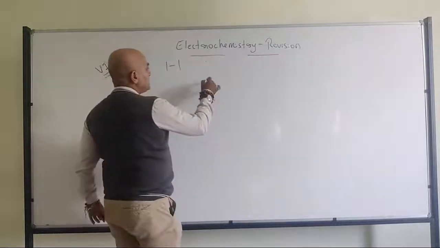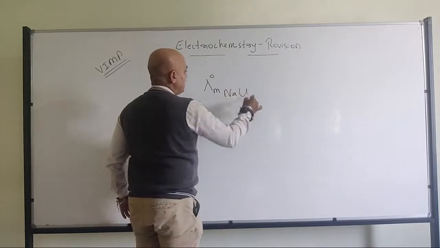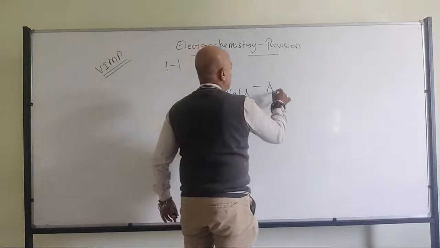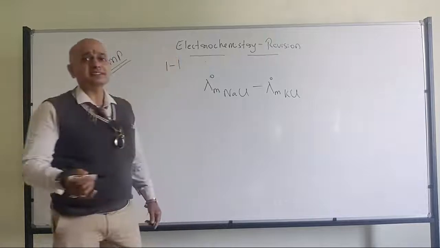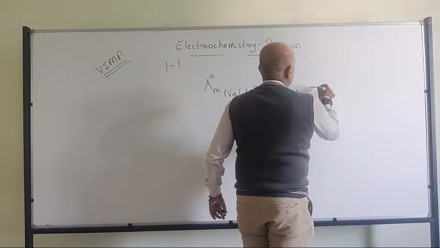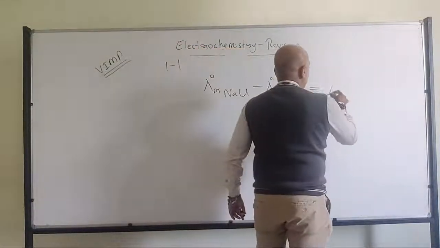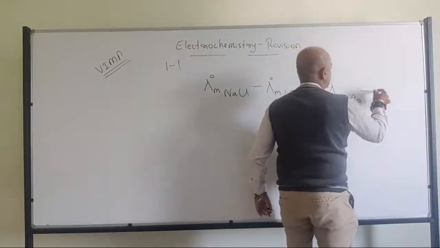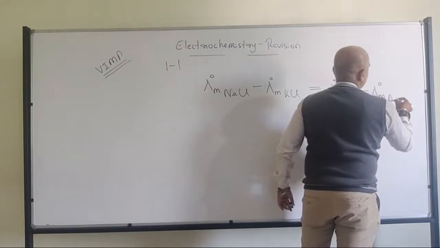If I take the limiting molar conductivity of NaCl, and if I deduct from that the limiting molar conductivity of KCl, I am going to get some value, and that will be equal to the limiting molar conductivity of KBr minus the limiting molar conductivity of NaBr.